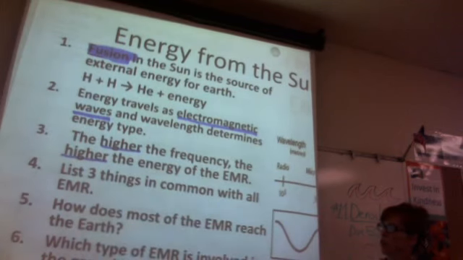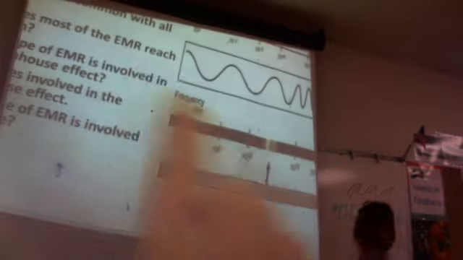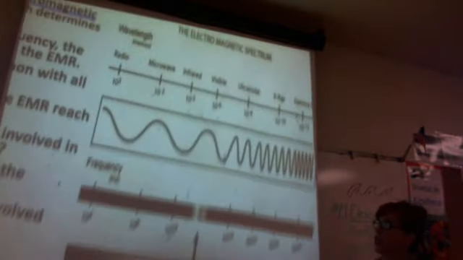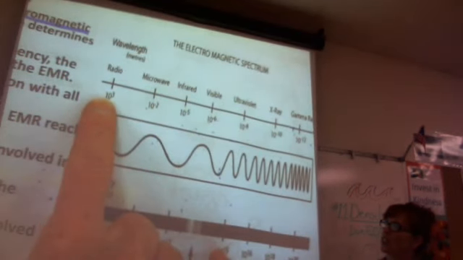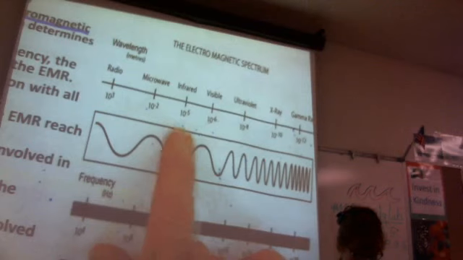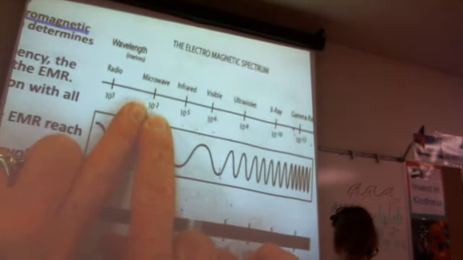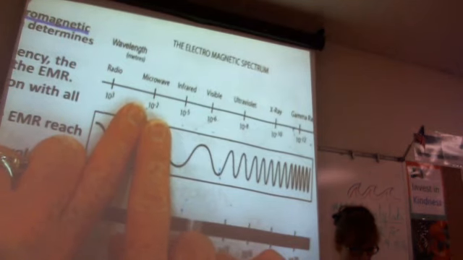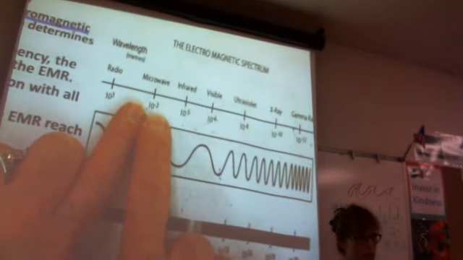So now we're going to switch over to the electromagnetic spectrum and kind of explain this. You guys have pictures here. You can see that wavelengths are measured in distance, 10 to the third, 10 to the minus 2. And those distances determine the type of electromagnetic wave there is and what type of energy we have.